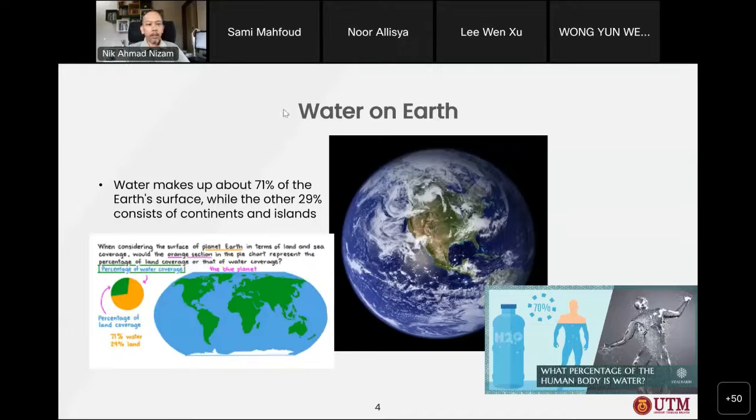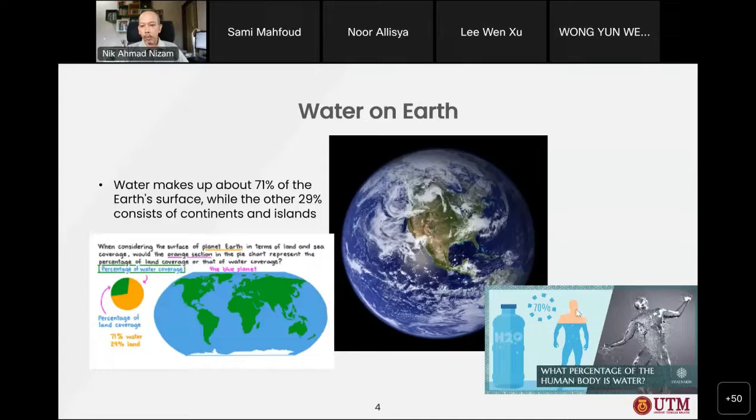So, water on Earth. If you see here, this is our planet. It makes up about 71% of the Earth's surface, while the other 29% is land. So only 29% is land, and the rest is water. There is a lot of water on our planet.